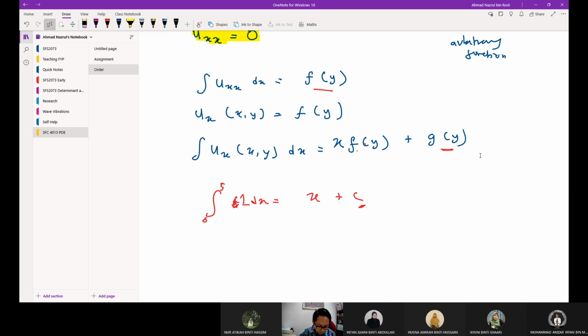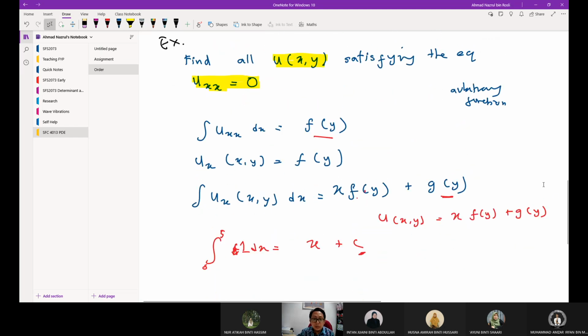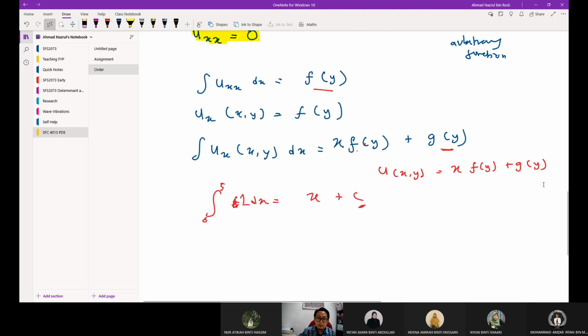So dari situ kita akan dapat value this equation, which is u(x,y) is equal to x times the function of y, f, plus the function g of y. So this will be the possible equation for u(x,y) that satisfies the equation uxx equal to 0.